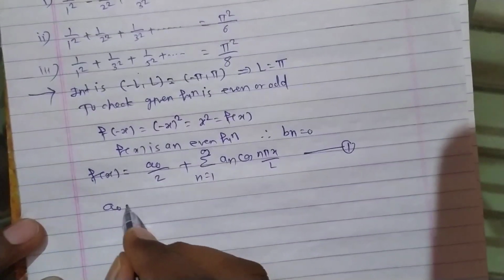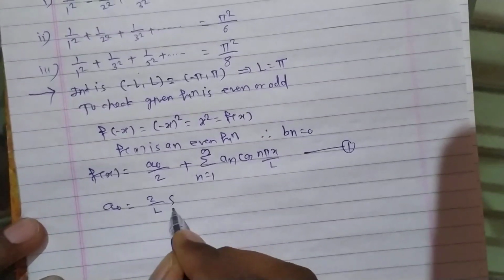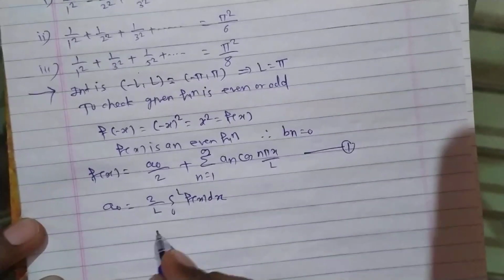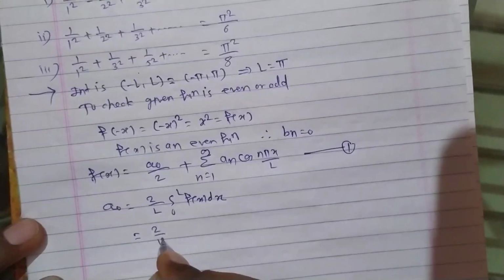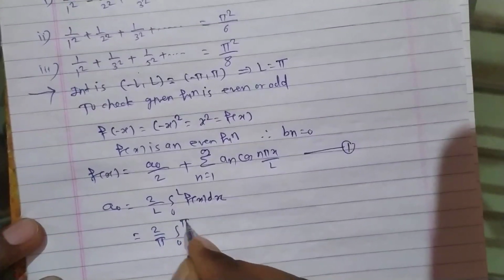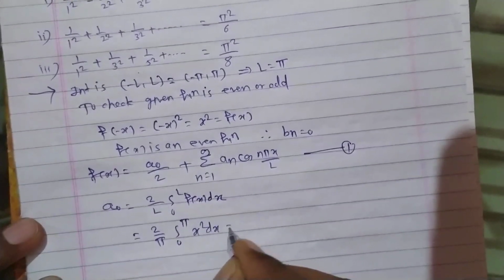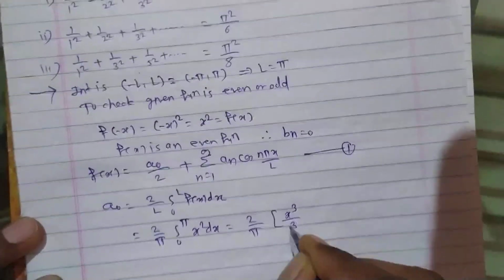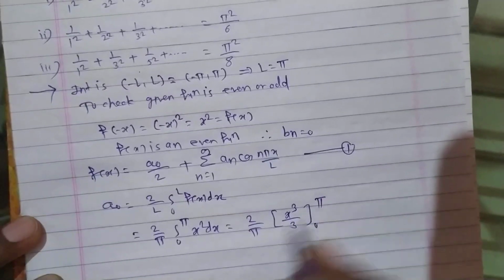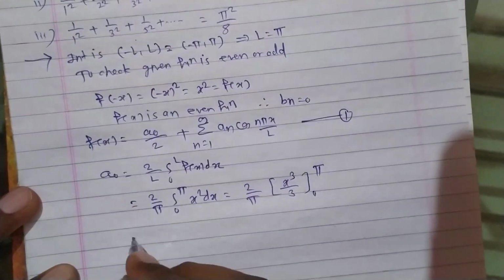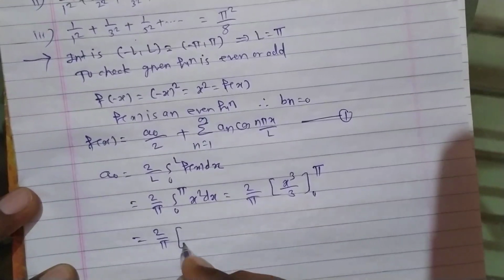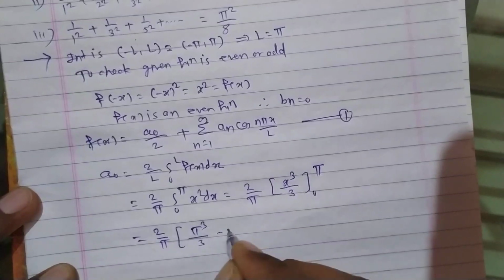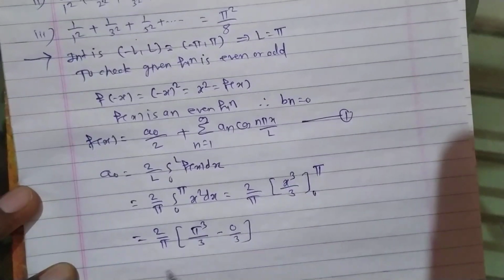Where a0 is equal to, by the formula, (2/L) integral from 0 to L of f(x) dx. What is L? L is equal to π here. So if you put L equal to π, this becomes (2/π) integral from 0 to π of x² dx, which is (2/π) times [x³/3] from 0 to π. Putting the upper limit x = π gives π³/3, minus the lower limit 0.